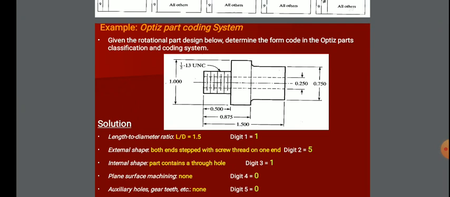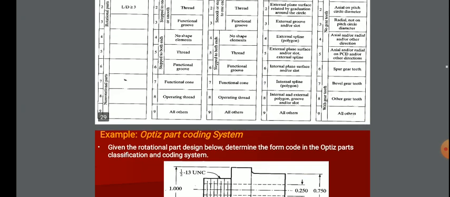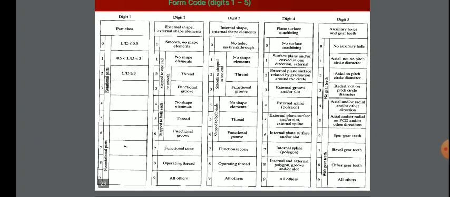As you all know about the OPTIZ coding procedure, let's see once again. This is an OPTIZ coding tabulation. First digit represents part class, second digit represents external shape elements, third digit represents internal shape, fourth digit represents plane surface machining, and fifth one is auxiliary holes and gear teeth.